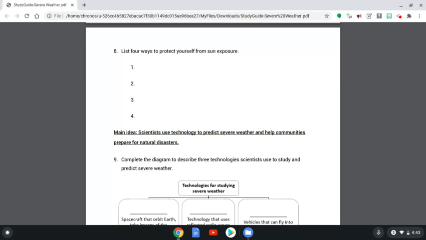Number 8, list 4 ways to protect yourself from sun exposure. You can wear protective clothing. We actually have clothing now that has UV protection in it. Wear sunglasses that provide UV ray protection. Use sunscreen with an SPF of at least 15.